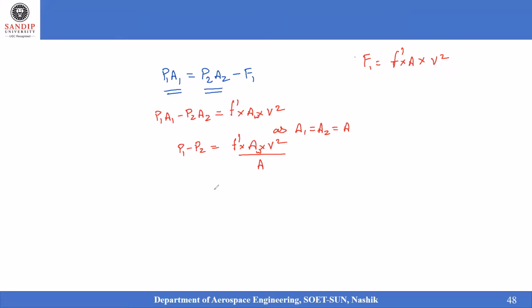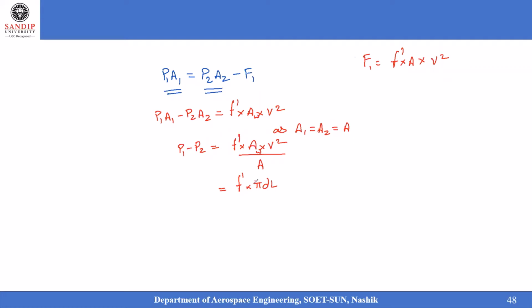As far as this wetted area is concerned, it can be wetted only on the circumferential area.